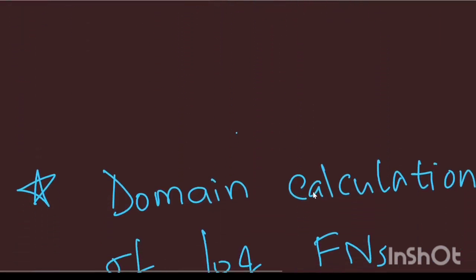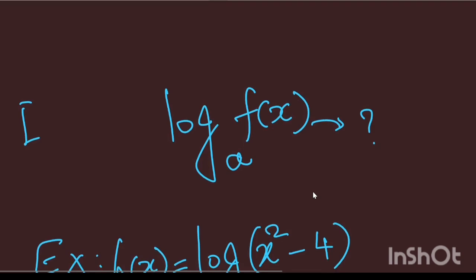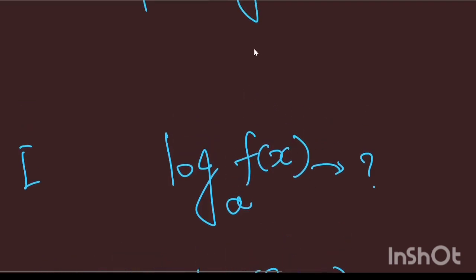What is basically how we calculate the domain of log functions? Let's see, if log f(x) base a is given, then what constraint should be imposed on f(x)? What condition should be imposed on f(x) to calculate the domain of log f(x) base a? From the definition also we have seen that the argument must be positive.